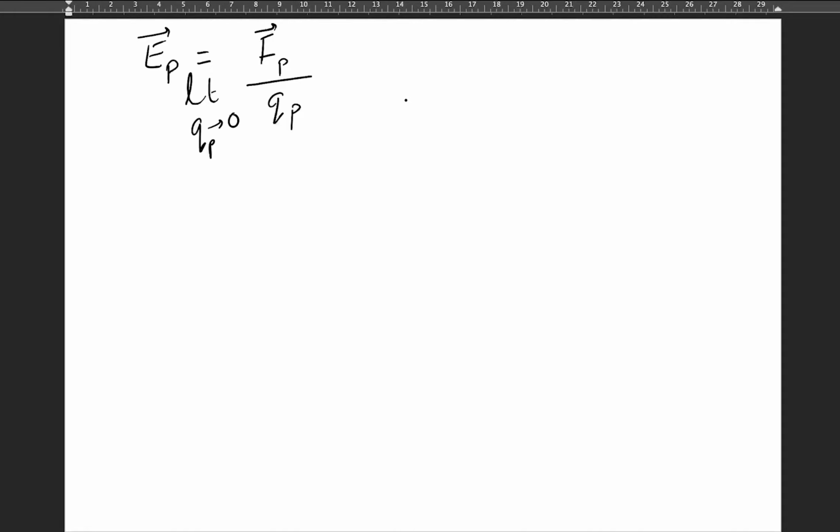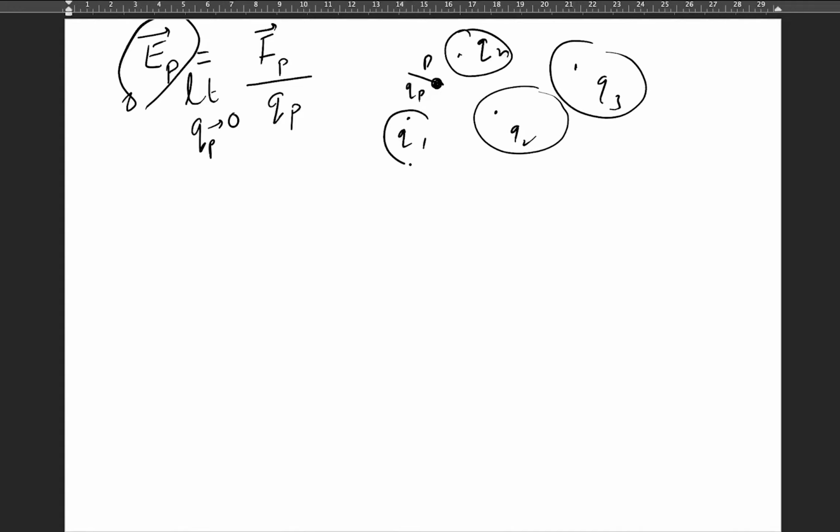It says that, let us say there are already n charges, q1, q2, q3 and so on, and we want to find an expression of electric field at point P. So let us say this is point P. Now we want to find the electric field at this point. What does it mean? It means we will bring a very small test charge QP, and its magnitude will be so small that bringing this charge will not affect their position and they will stay on their positions.